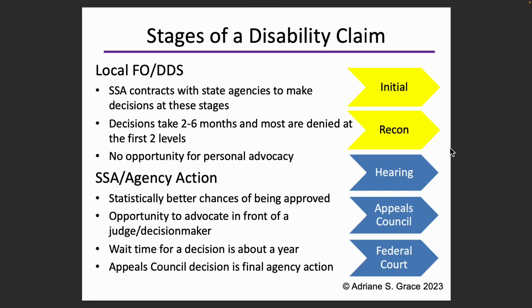Okay, this is just the various stages, but the goal here is to get approved at the initial level and not have to go and appeal a negative determination. That requires that you pay attention to all mail coming in, you follow the directions, and you be patient. And make sure that you are getting that information from the prior slide into Social Security and confirming that they have it.